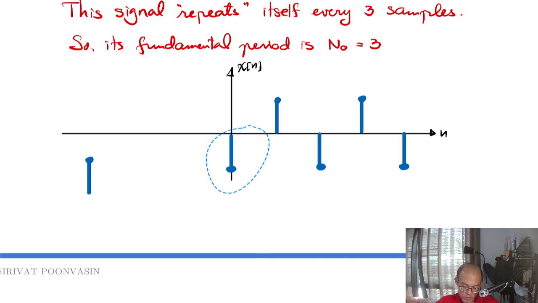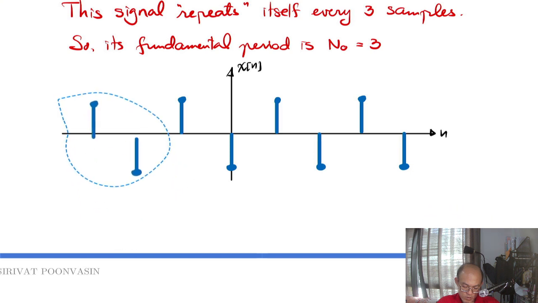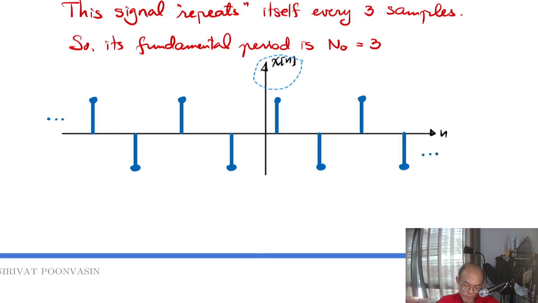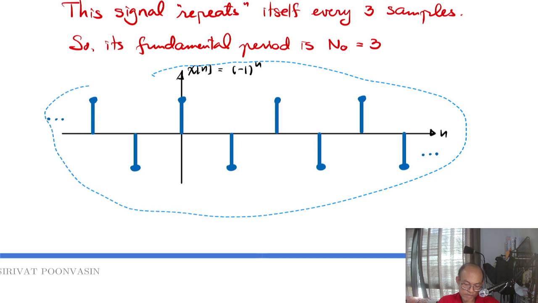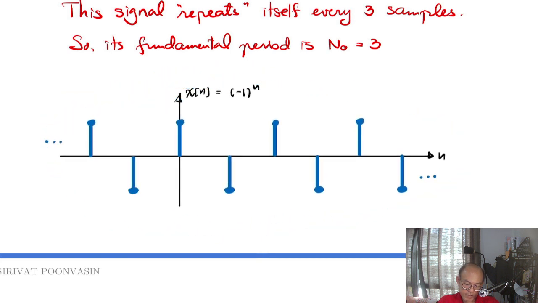You see, if n is an even number, then x of n would be 1.